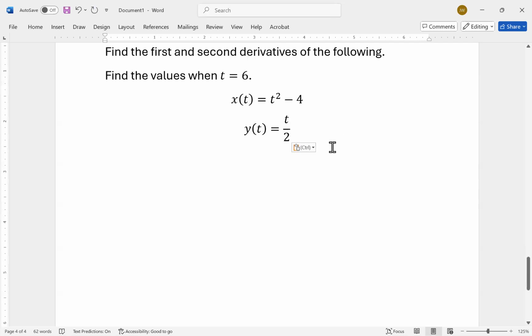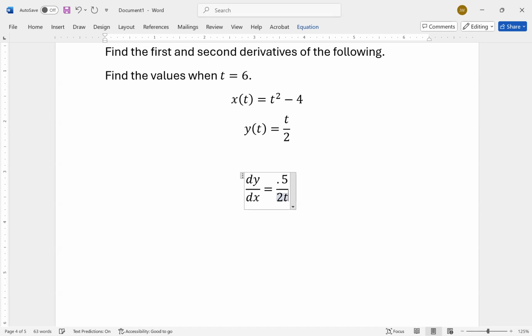All right, so let's take the first and second derivatives of this set of parametric equations. First derivative, that is the derivative of y with respect to x. Again, all I'm doing is taking the derivative of the y function with respect to t, which in this case is 1/2, or I'll write it as 0.5, divided by the derivative of the x function with respect to t.